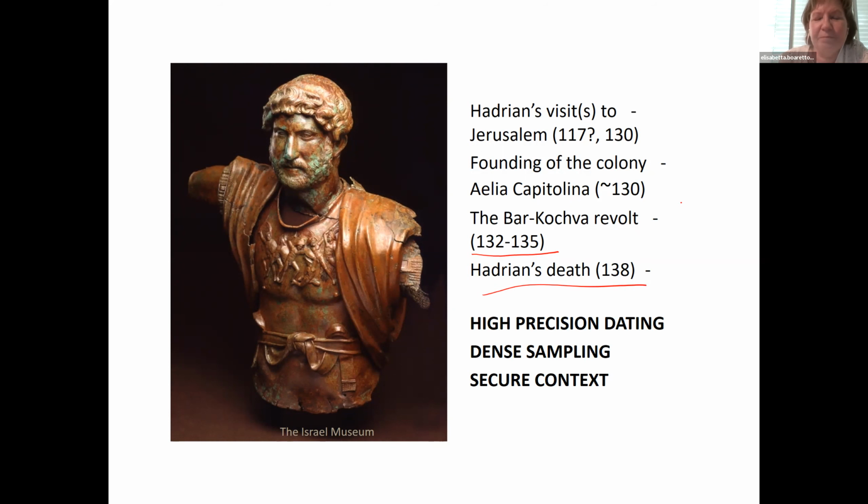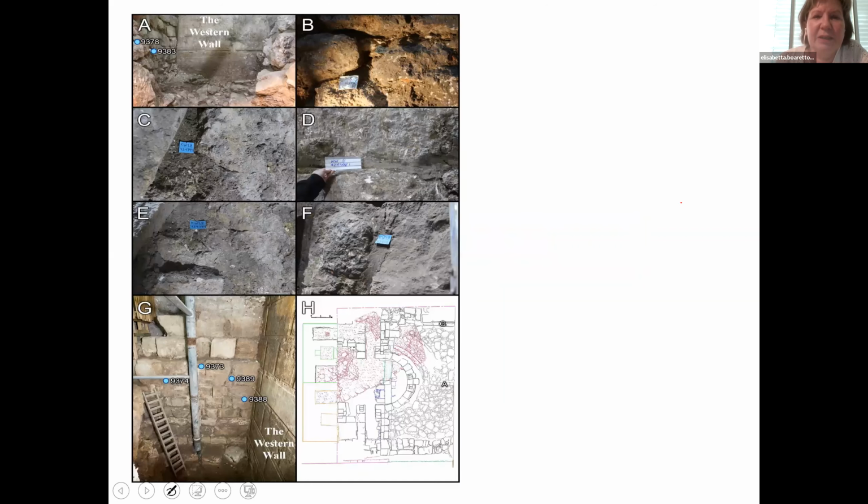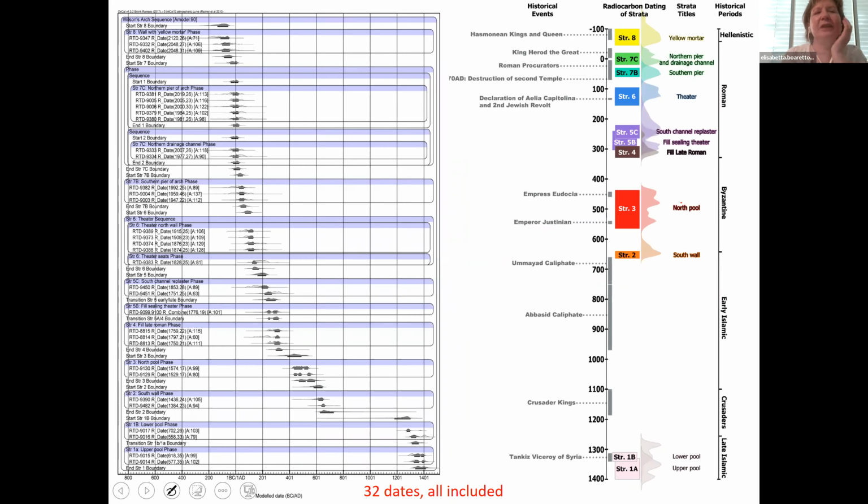So it was an interesting question, and we tried to answer with the dating. And here you have all the 32 dates that were measured, from the latest one that we could date in the end of the 14th century here.